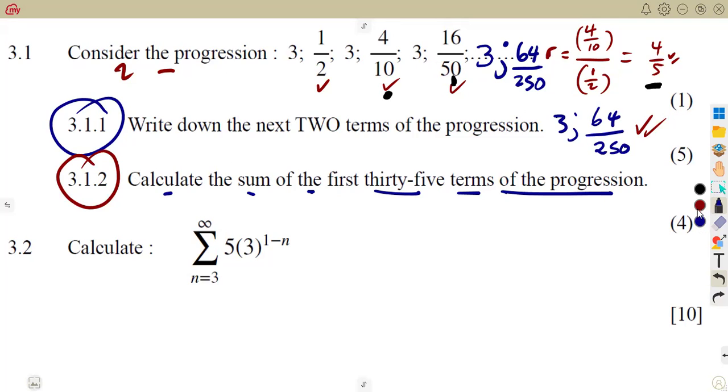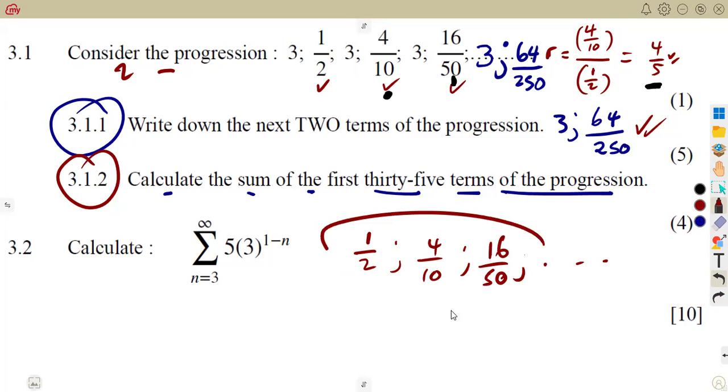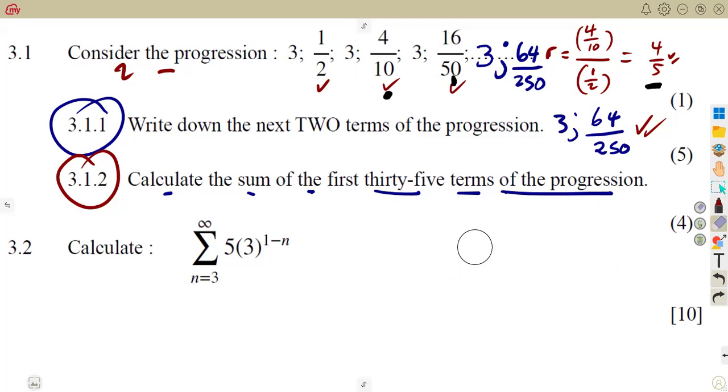Because if we actually have something which is the same, a normal geometric progression, let's say it was just something that we are used to, 1 over 2, 4 over 10, 16 over 50, guys, we can simplify the sum because it is something that is the same throughout. But in this case, there are two sequences that we are given here. One of the constants and the other one that is having a common ratio of what?